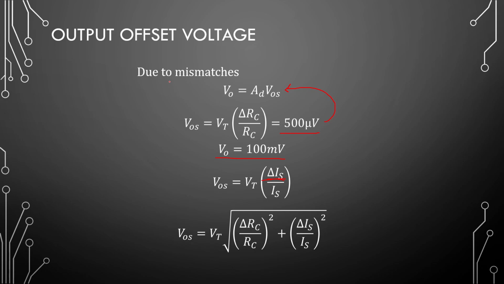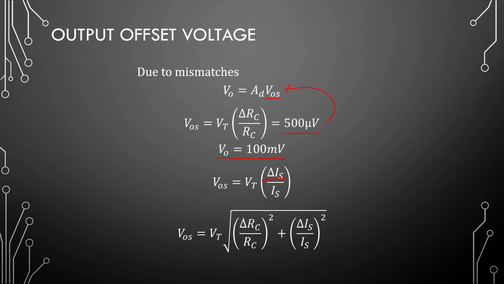Okay, so if you're very familiar in electronics, when you have op amps, they have a specification of offset voltage, and this is due to mismatches inside that operational amplifier.